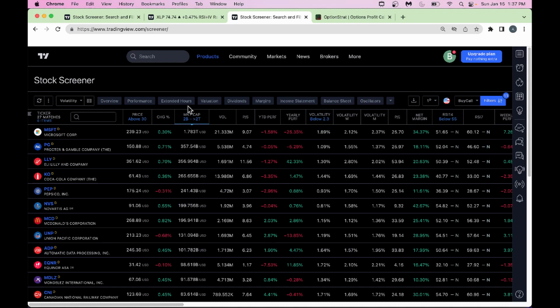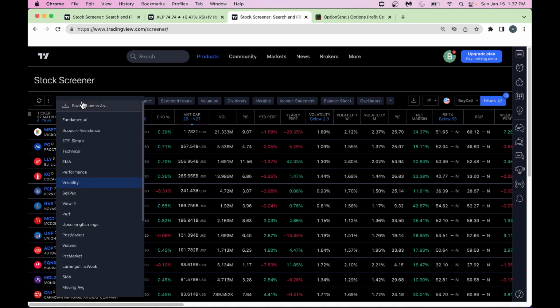And the next important thing people always ask me is, hey, what strike price should I buy call options for? This is where the support resistance will come into play. Look, I got a support resistance view. It's very important to create such views in TradingView. Otherwise, you will be lost in the wilderness, because TradingView offers you at least say 400, 500 fields or columns.